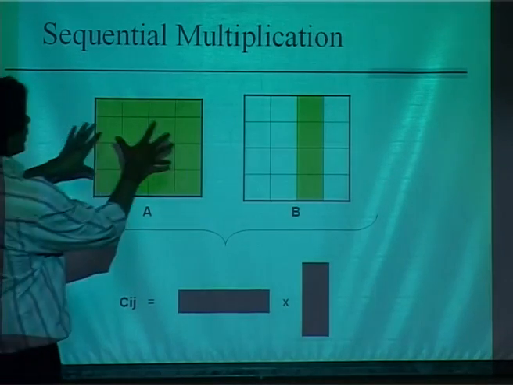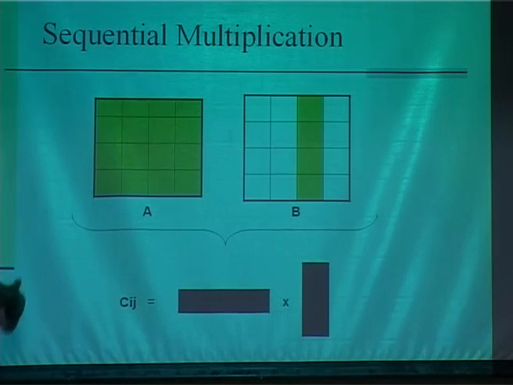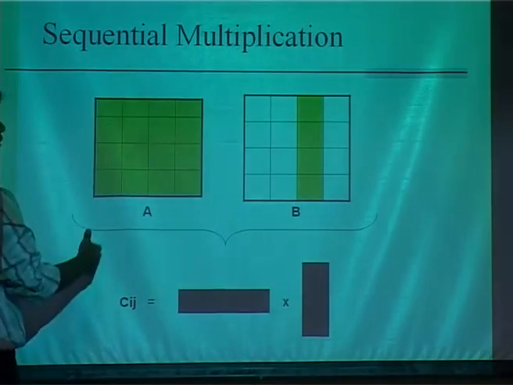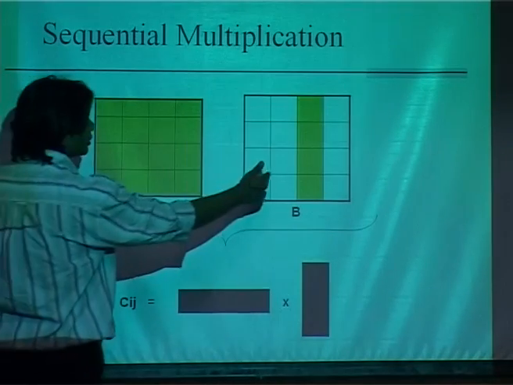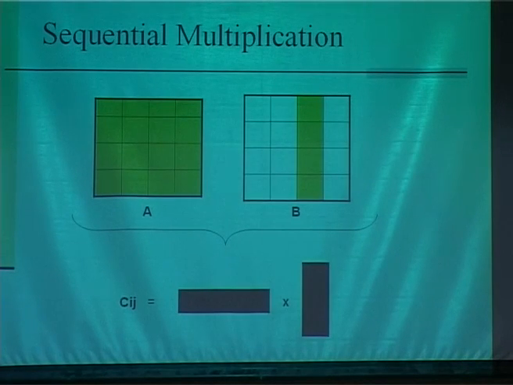So when a matrix is multiplied with a column, it gives one column of C. This matrix multiplied with this column gives one column, and this matrix multiplied with another column gives another column. This is how the columns are generated.